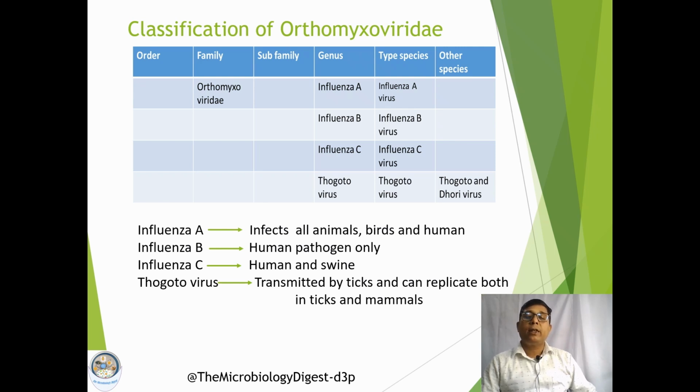Influenza A mostly infects all animals, birds and humans. Influenza B is a human pathogen only. Influenza C affects humans and swine. And Thogotovirus is transmitted by ticks and can replicate both in ticks and mammals.